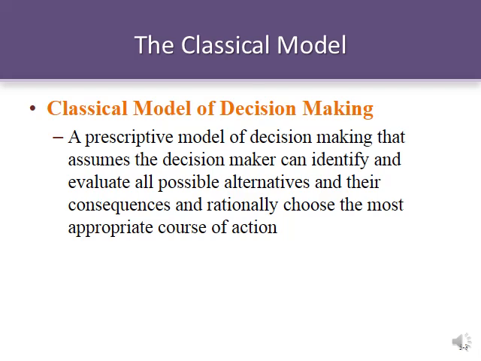It was a very linear process of assuming that the decision maker could identify and evaluate all possible alternatives, and that the consequences were understood, and that the decision maker could then choose the most appropriate course of action. And so the logic of that classical model is, if you make a bad decision, it's because you didn't collect enough information and didn't frame it properly in order to make the proper decision.